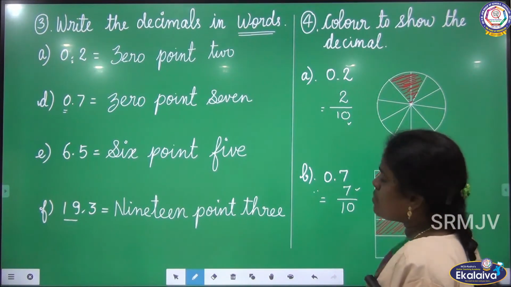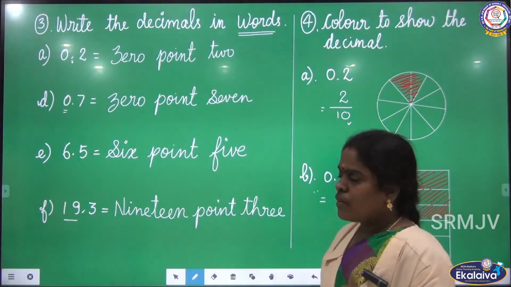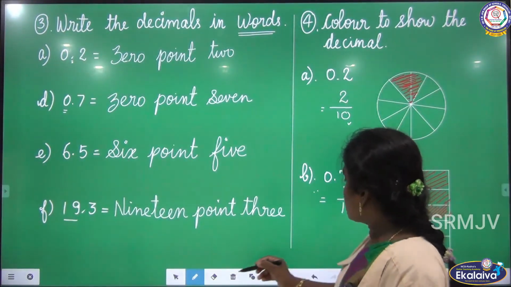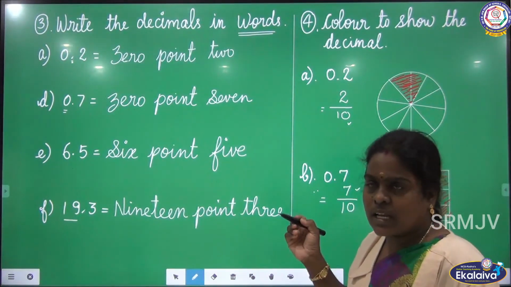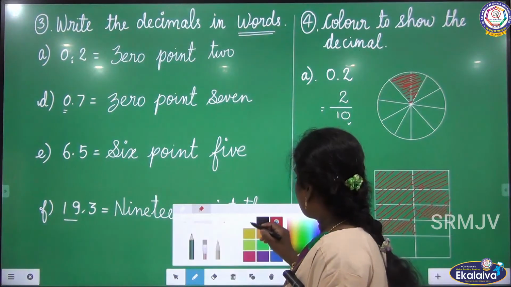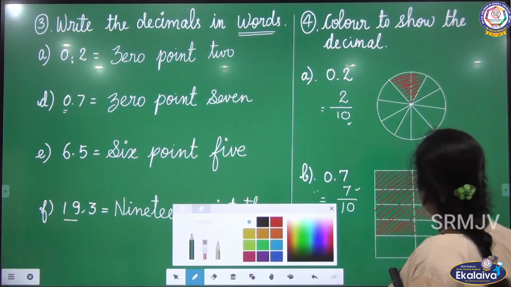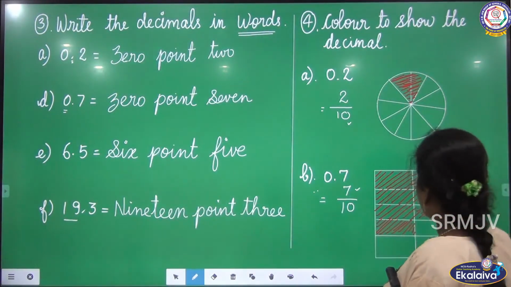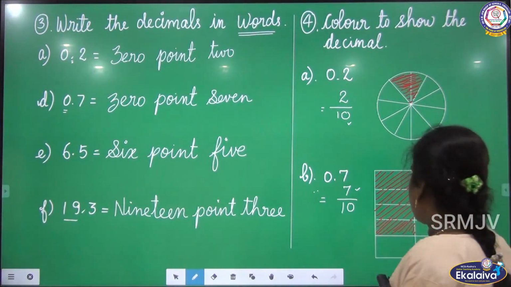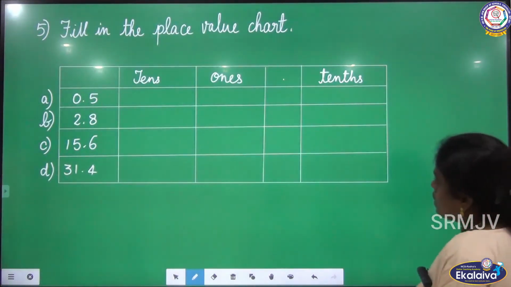Because the given decimal is 0.7, we wrote the decimal as a fraction, that is 7 by 10. We have to color 7 parts out of 10. So we have done. Let us move to the next Roman letter.